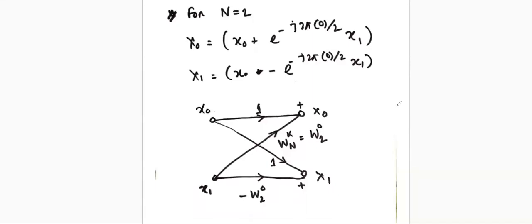Try to understand the fact: we are putting 2 points. One is x0 input and x1. Those are the inputs, and from there these are the two outputs. One is capital X0, capital X1. This is in the time domain and this is in the frequency domain. Okay, so that's very simple.